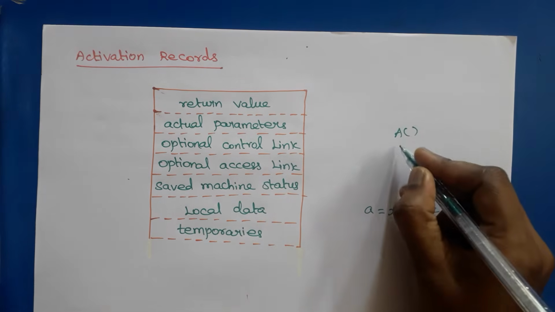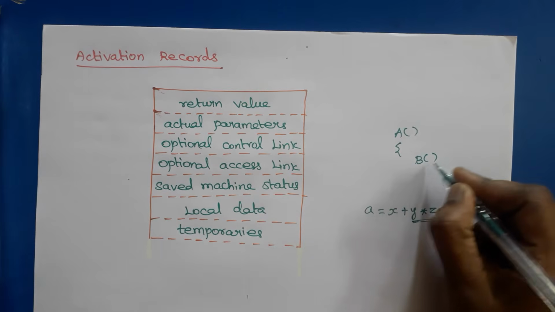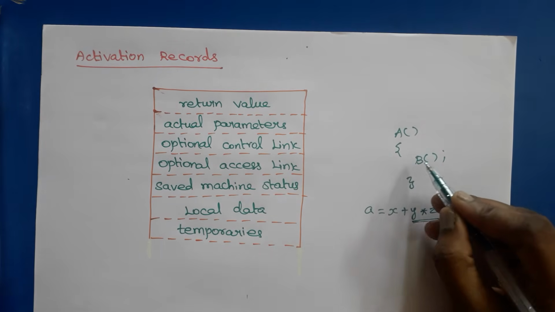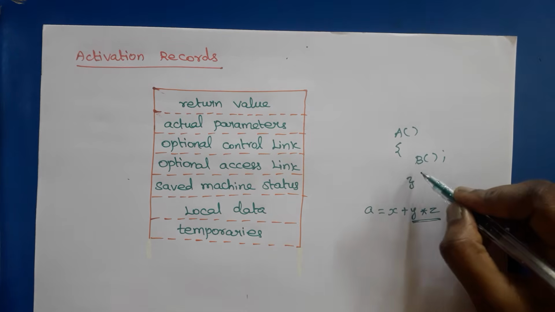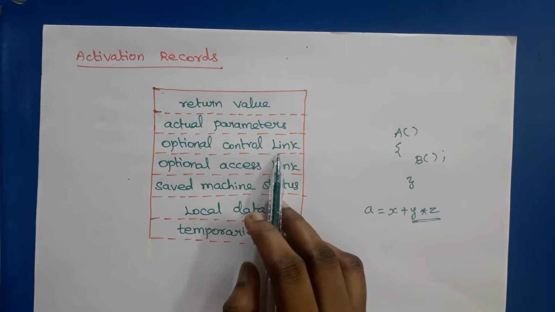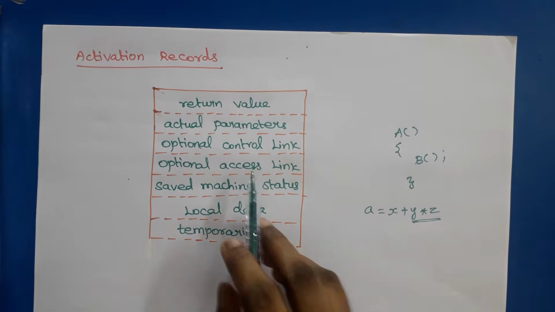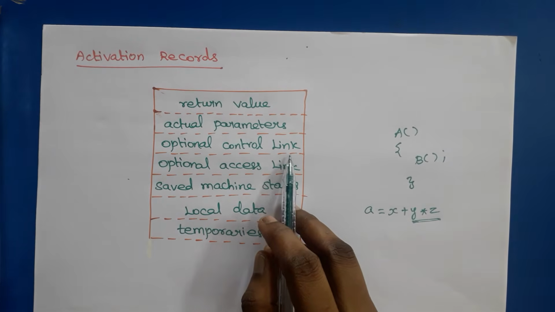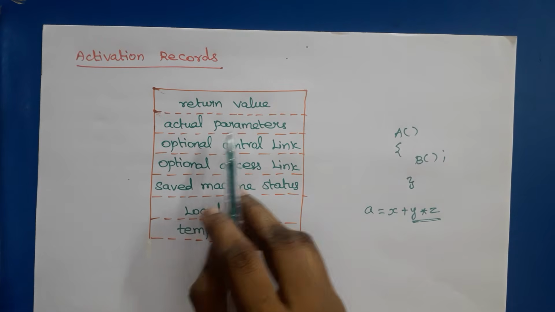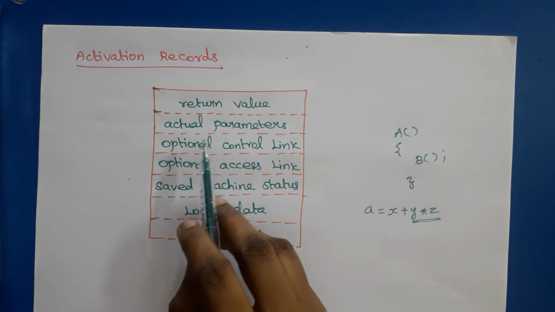Suppose procedure A is calling procedure B, then the control link of B's activation record points to the activation record of A. So control link normally points to the activation record of the parent procedure. Then the next field is actual parameters. Here all the actual parameters will be stored.